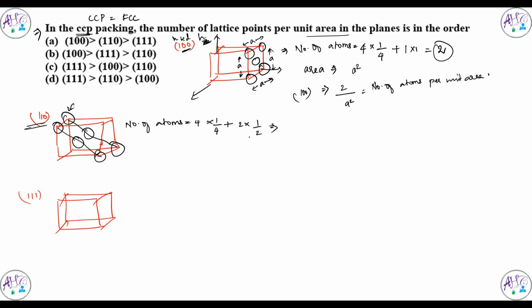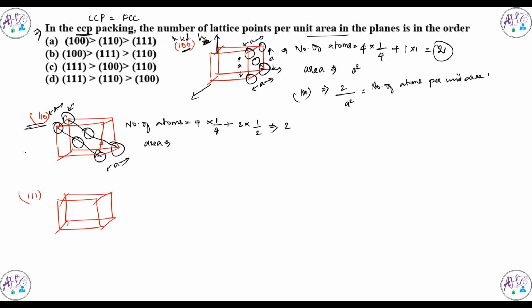So this is again going to be 1 and 1. So this is going to have 2 atoms. The contribution is going to be 2. And what we need to figure out is the area. So if you look at this direction, here it's going to be A, and here also it is going to be A. But you have 2 face diagonals here.